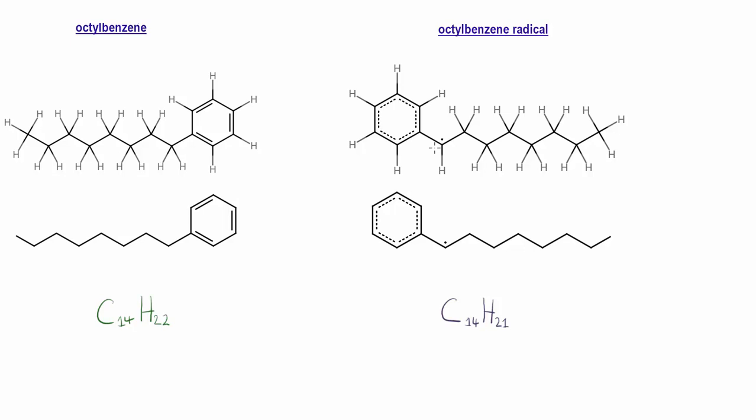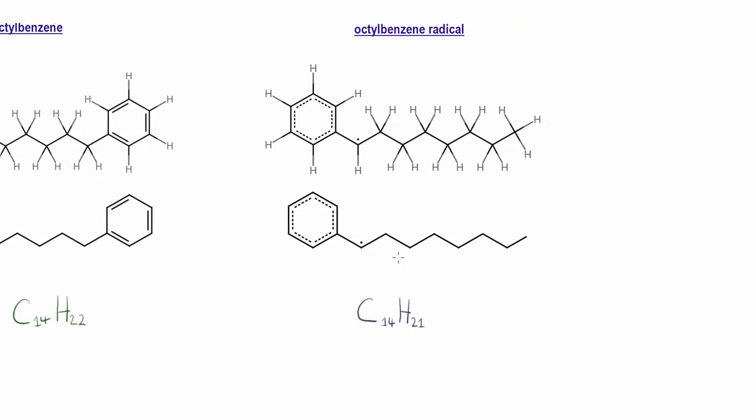So because you've got one less, instead of C14H22, it's going to be C14H21. So you can imagine perhaps this is something which you could get after certain steps in a radical substitution reaction, right? So this matches the molecular formula that we had previously determined, the radical.